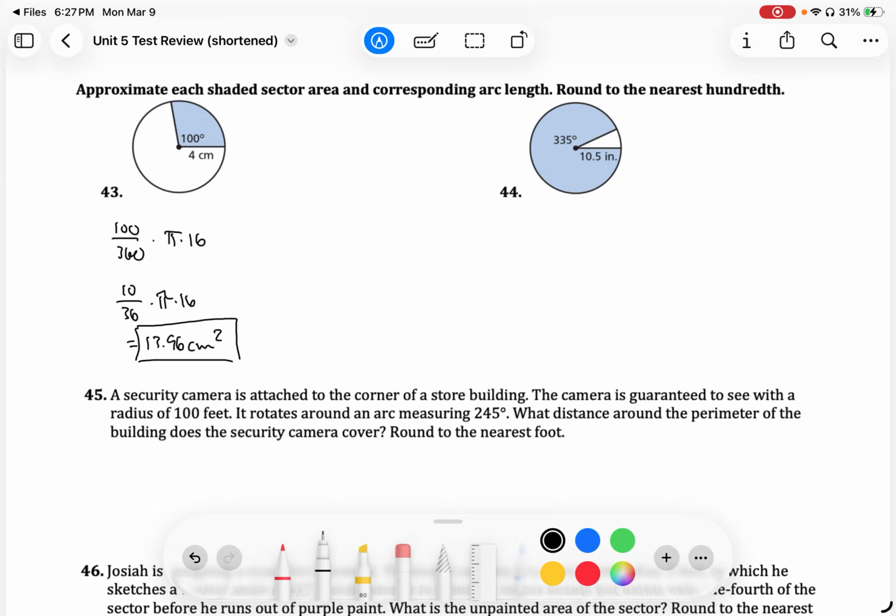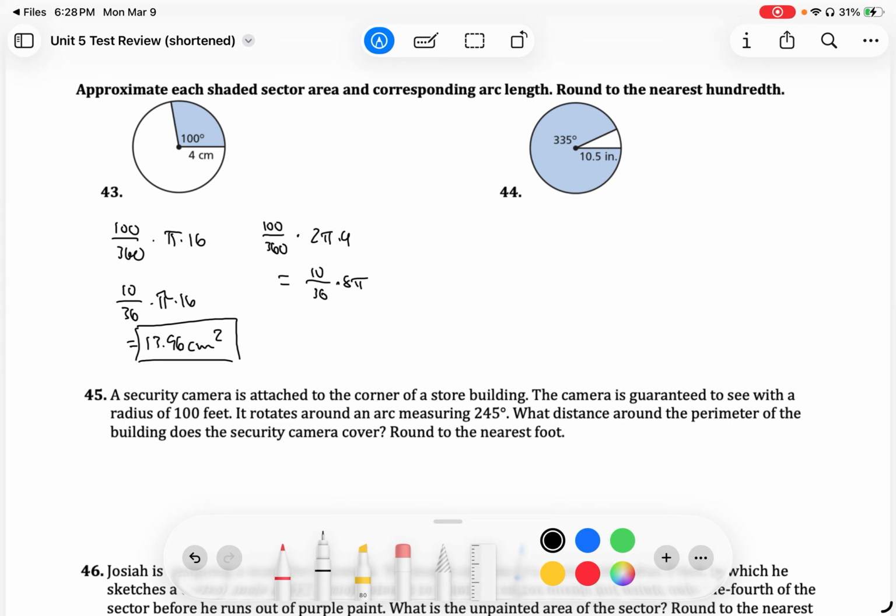Now, if I want to find the arc length, that would be this length right here, then I would need to do the same proportion, 100 over 360 times 2 pi r, 2 pi times 4. So that would basically end up being 10 over 36 times 8 pi.